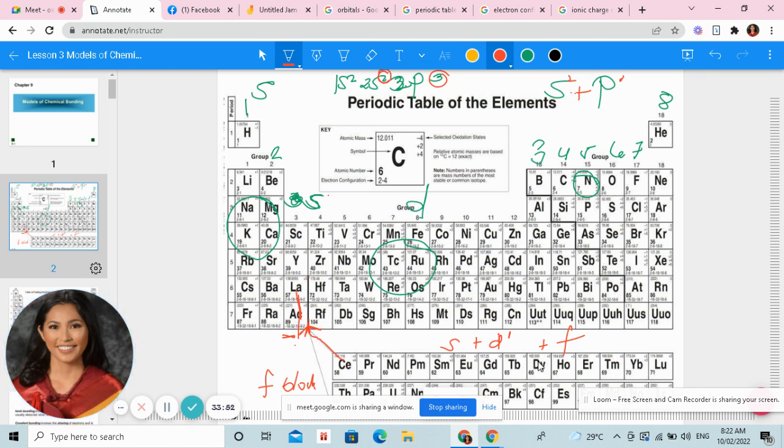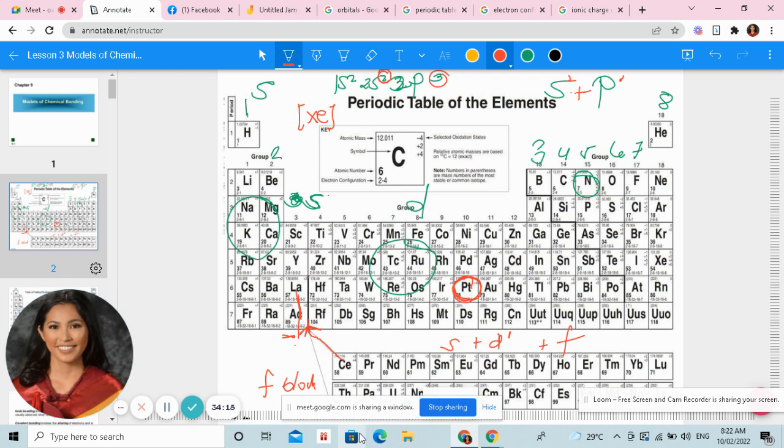But if we have platinum, let's write the condensed configuration of platinum. We have Xe, xenon.